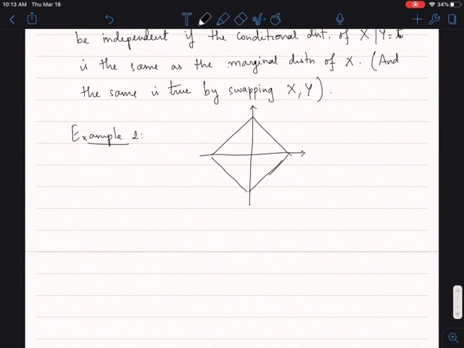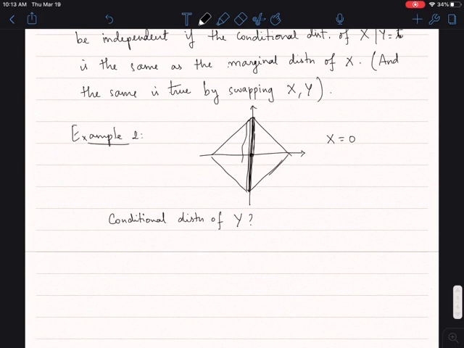Now the thing you should notice right away is that, let's say I condition on x equals 0. That means I am on this line. So what is the conditional distribution of y? Every point in the square is chosen with equal probability.